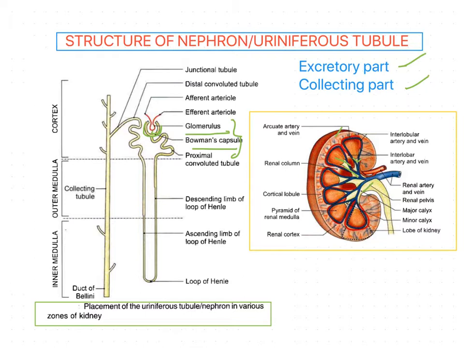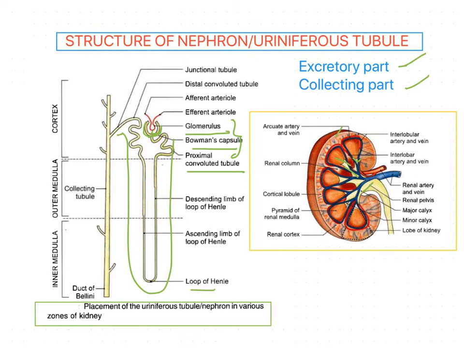Another part of the excretory part is the renal tubule. The renal tubule is a tubular structure which starts from the Bowman's capsule. It includes the proximal convoluted tubule and the loop of Henle, which includes both ascending and descending limbs.